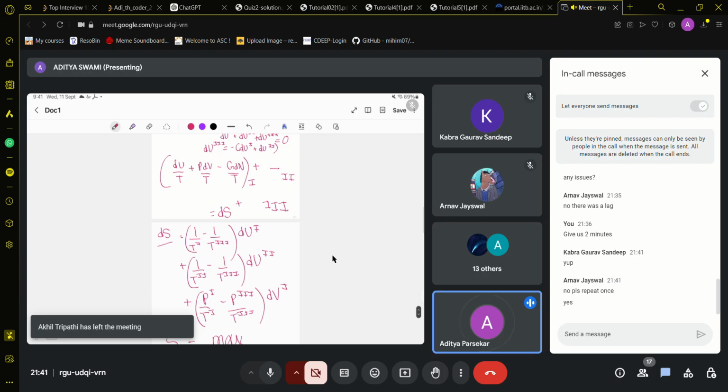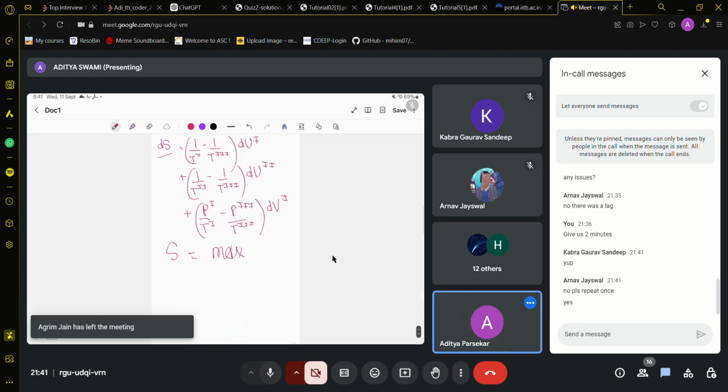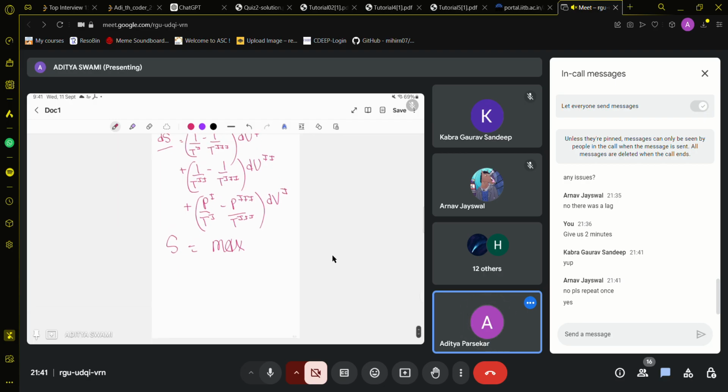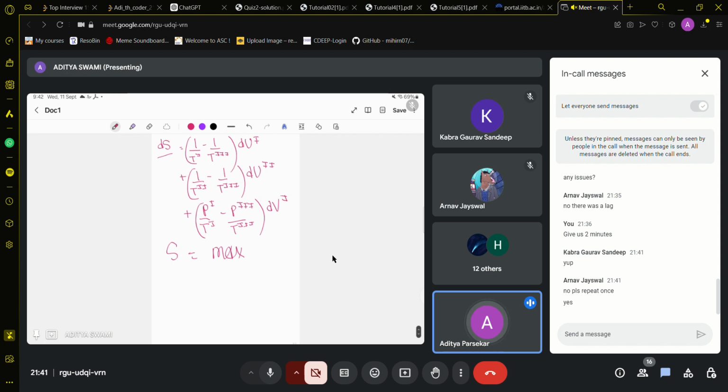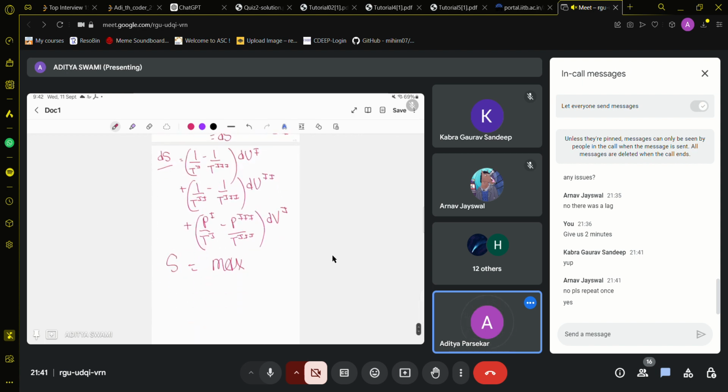So now if I substitute du3 as minus du1 minus du2, let's go to the term for the third equation. So what is that term? du by t plus p by t dv minus g dn by t. This is for the third system.